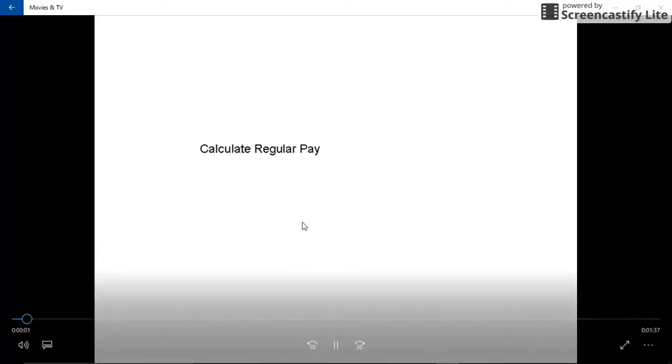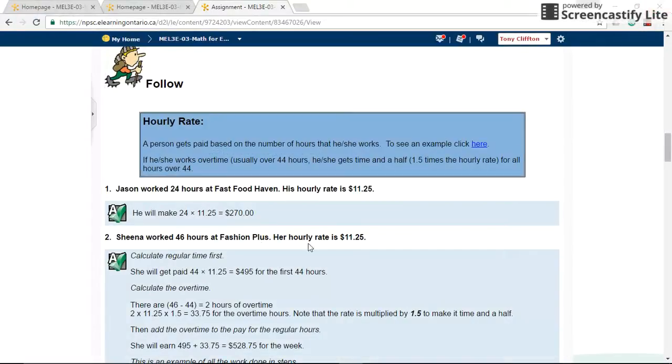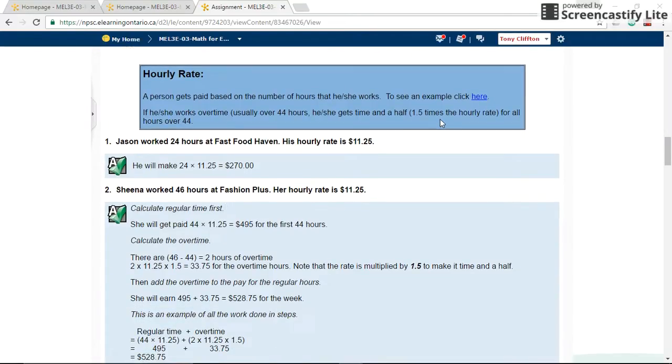To calculate a person's regular pay, take the number of hours they've worked times their pay rate. In this example, the person has worked 44 hours. The first 40 hours. Okay, so you could watch that little video that talks about overtime rate. If he or she works overtime, usually over 44 hours, a person gets a time and a half. In other words, 1.5 times the hourly rate for all hours over 44.